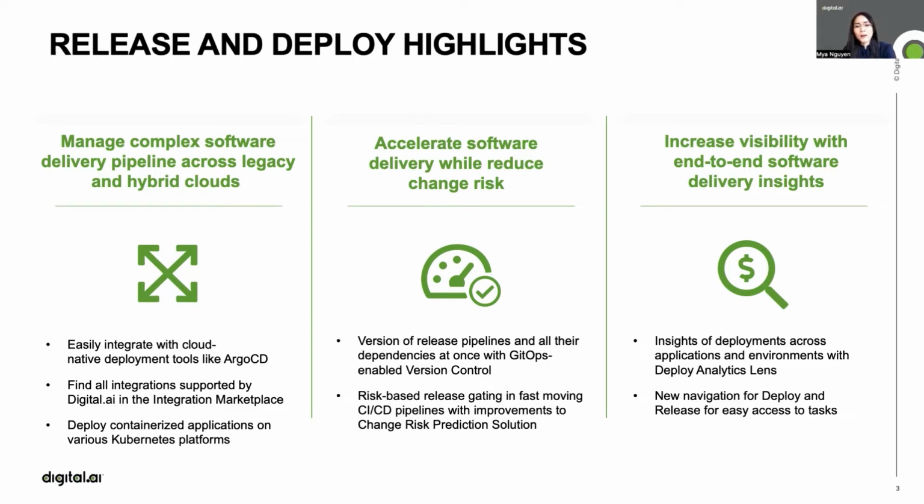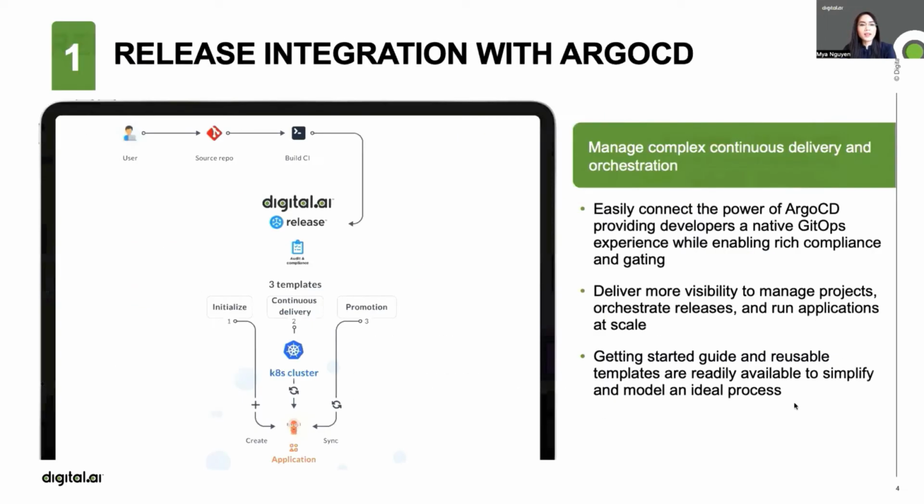And 2, deliver value to your customers faster without increasing the risk of failures with GitHub-enabled version control and other improvements to our Gen risk prediction solution. And lastly, you can gain visibility of deployments across application and environments with the new Deploy Analytics Lens, the telemetry usage data, and a brand new user interface for you to easily spot inefficiencies and problems before they impact your customers. And next, I'm going to jump into details of those new capabilities.